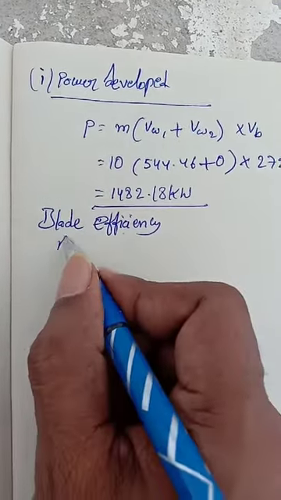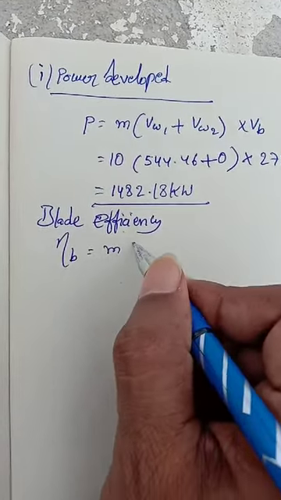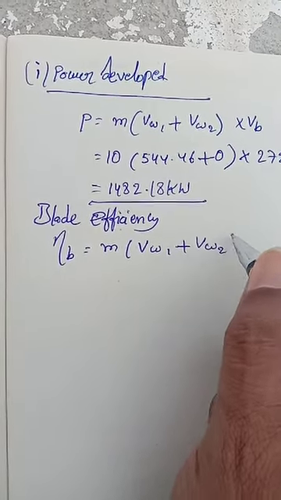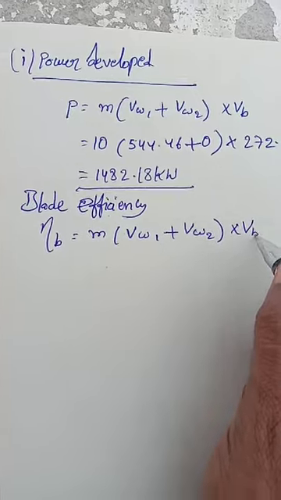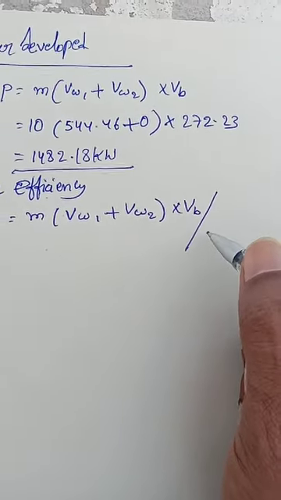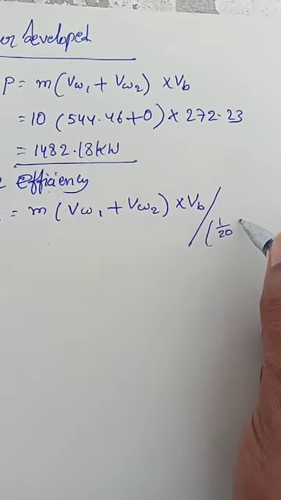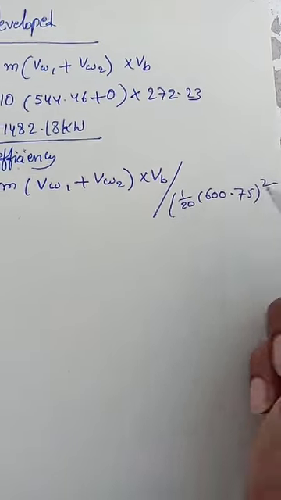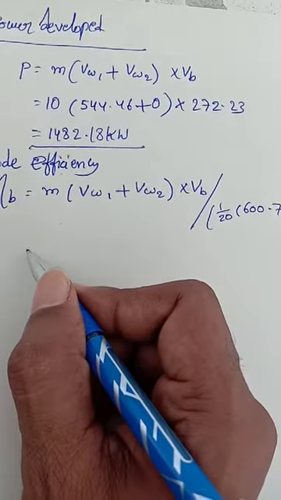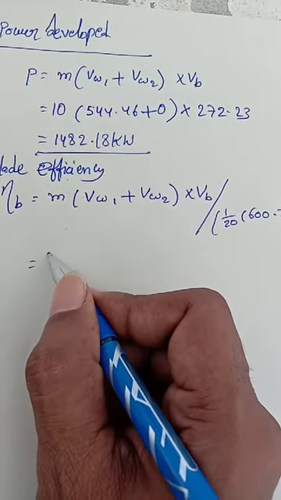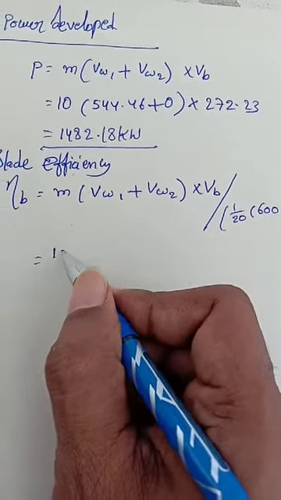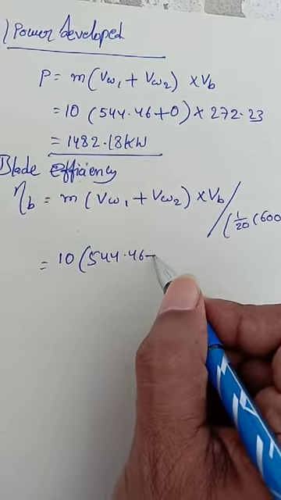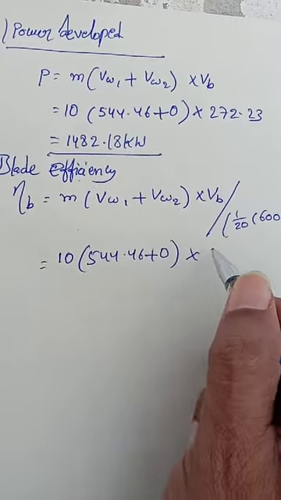In blade efficiency, we take the equation in here, M into VW1 plus VW2 into blade velocity divided by 1 by 600.75, that is called V1. Okay, whole square. And now substitute these values in here. What is that? 10 VW1, VW2 is 0.